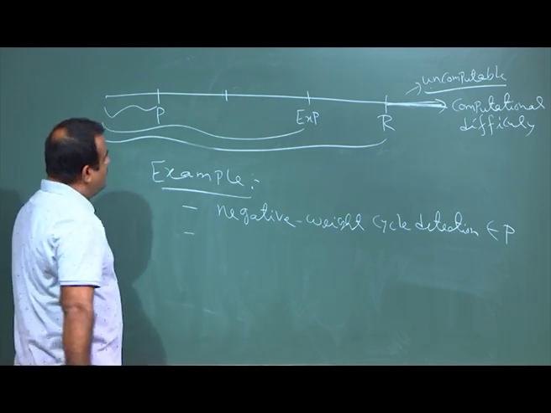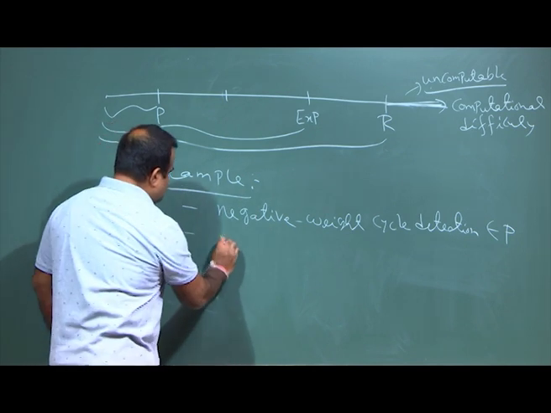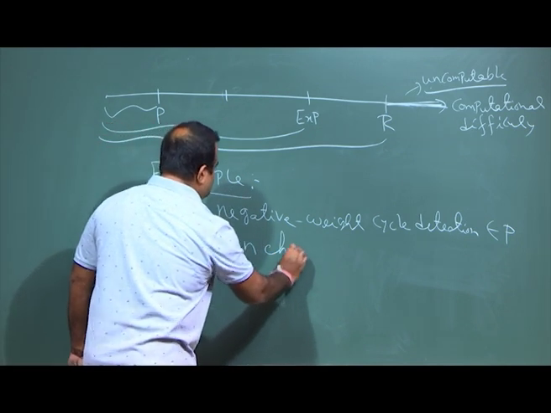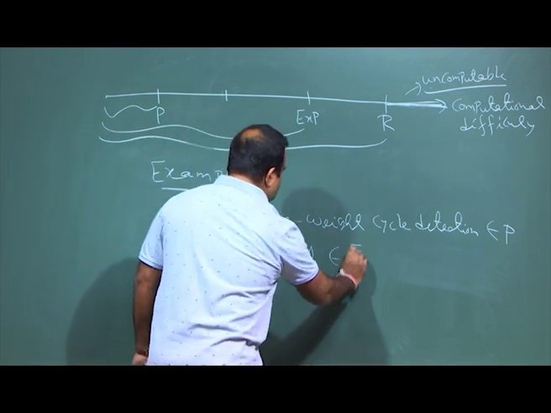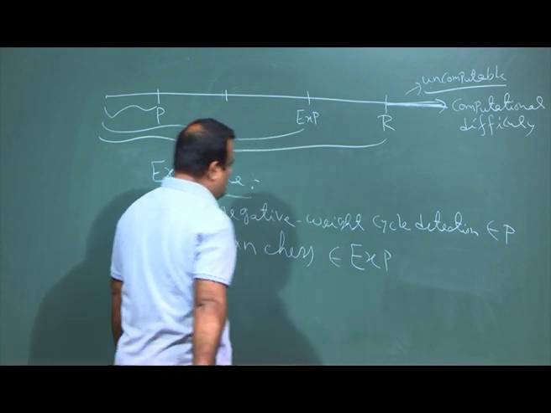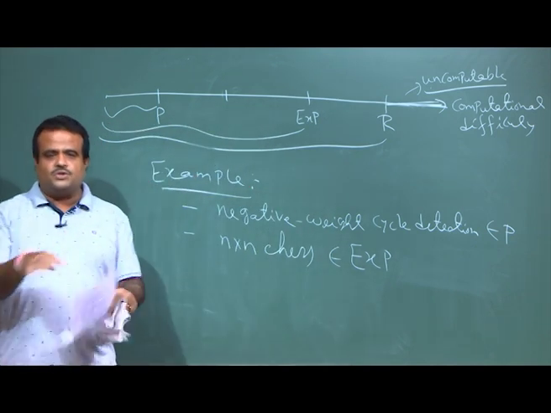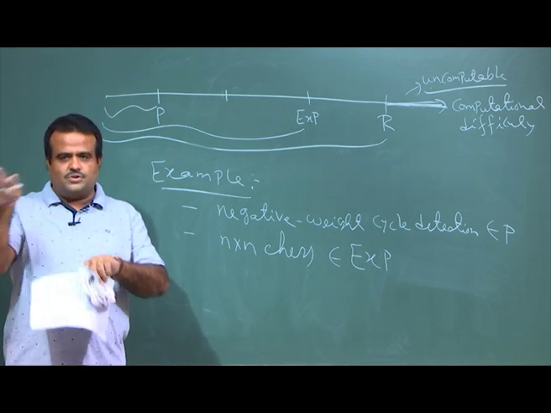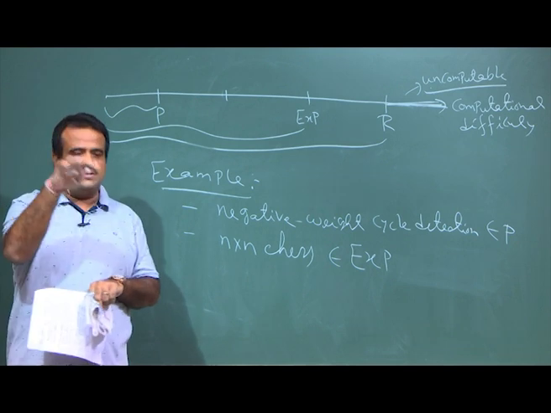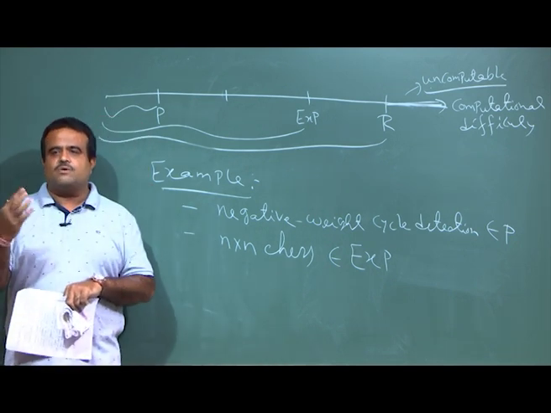Now, we want an example of an exponential time problem, that is the n cross n chess problem. This belongs to EXP, the exponential time class. What is this? We are given a position of a chess game, and we want to decide whether white wins or not.